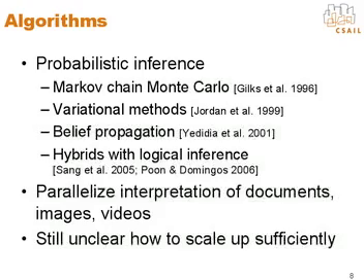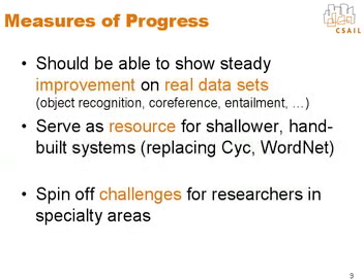Okay, so how are we going to make progress on this? I'd say that we should be able to demonstrate progress to the broader AI community even before we have full-blown AGI. And one way that we should be able to do this is by showing year-to-year improvement on some of the real evaluation data sets that people use in sub-communities. So for example, there's a Caltech data set on object recognition.